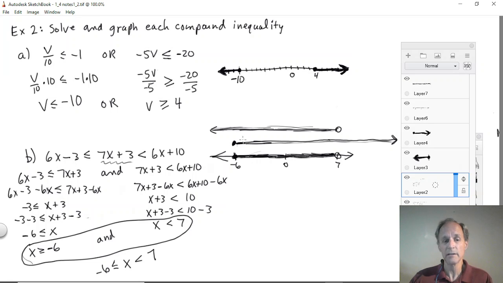That's where both are true. Okay, and that's the ones we want. Well, it overlaps in this area here. Between there and there is our overlap. Okay, and that's what we drew in down here with the circle for 7 and dot for negative 6. We had already done that just thinking about it logically, but we could also draw those two and show the overlap. Okay, so that's an AND.